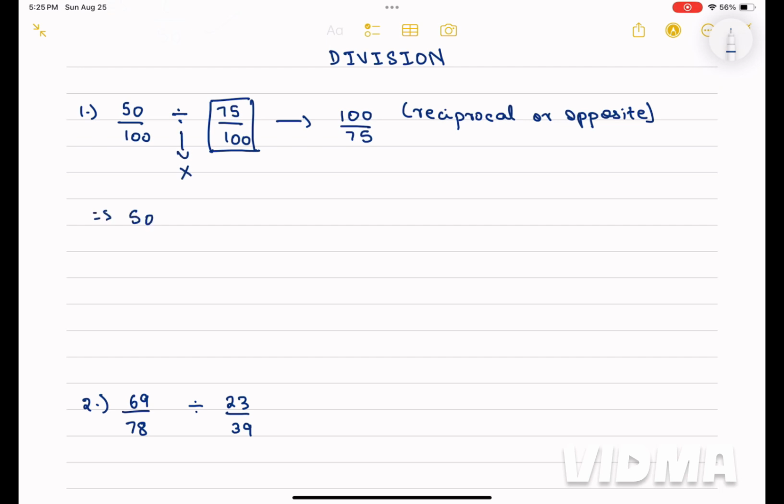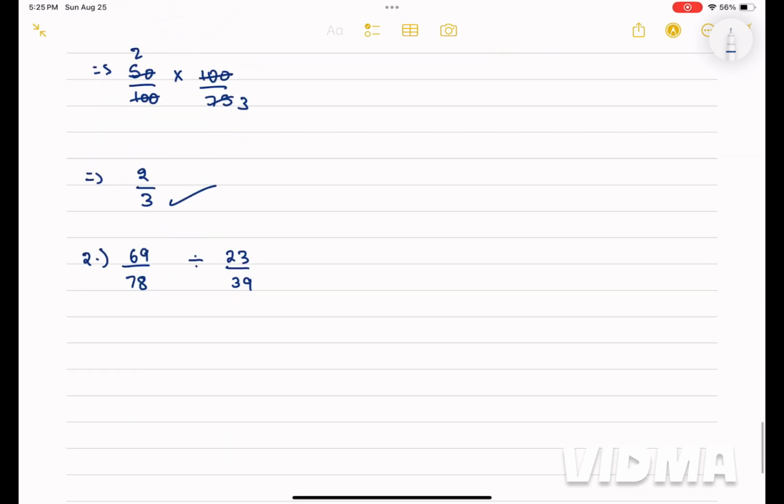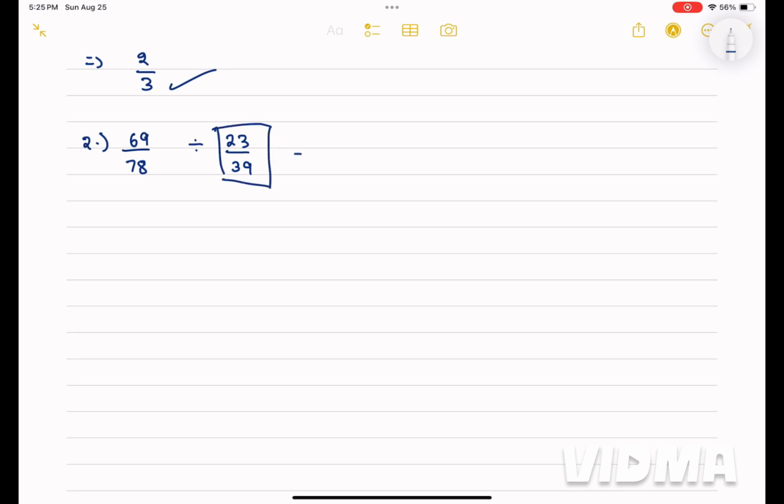For division, reciprocate, or take the opposite. The divisor has to be reciprocated: the numerator becomes the denominator and the denominator becomes the numerator. Once you do that, the division sign changes into multiplication. Then you can simply apply cross multiplication and do the sum.